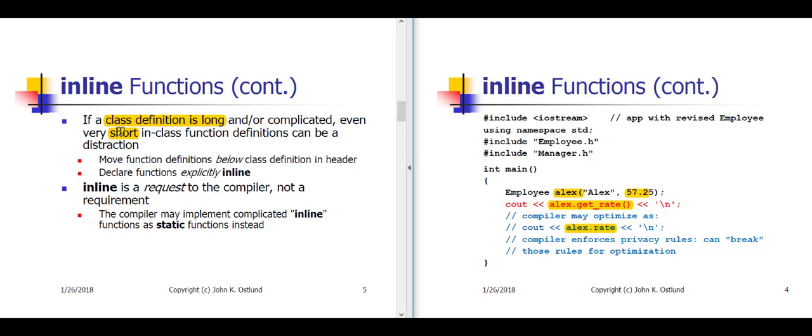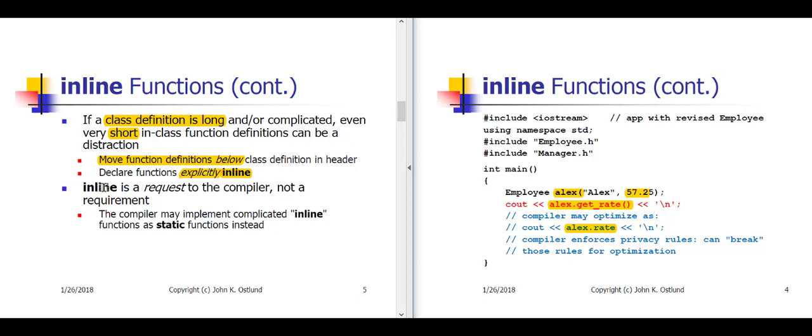So what's often done to maintain the efficiency of inlining but reduce the clutter within the class definition itself is to move the function definitions below the definition of the class and then explicitly declare these functions inline using the inline keyword. Okay, and that tells the compiler to do what's possible to avoid function call overhead when these functions are made use of in an application or in some other code.